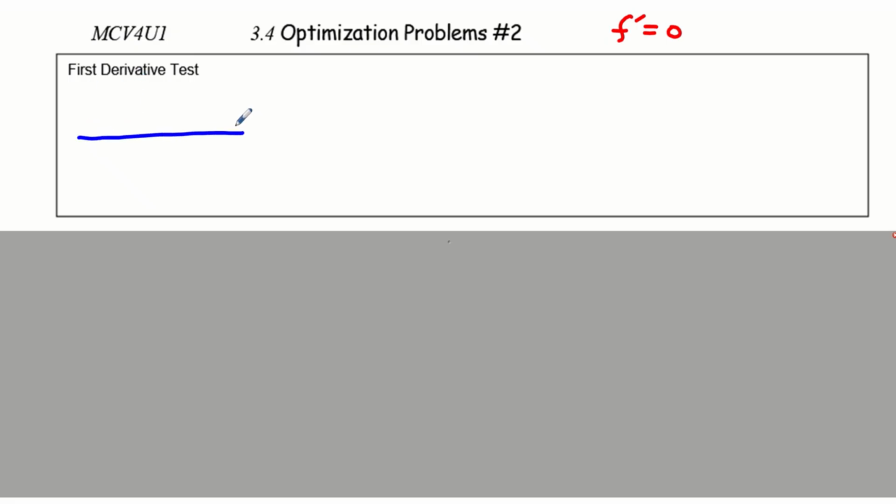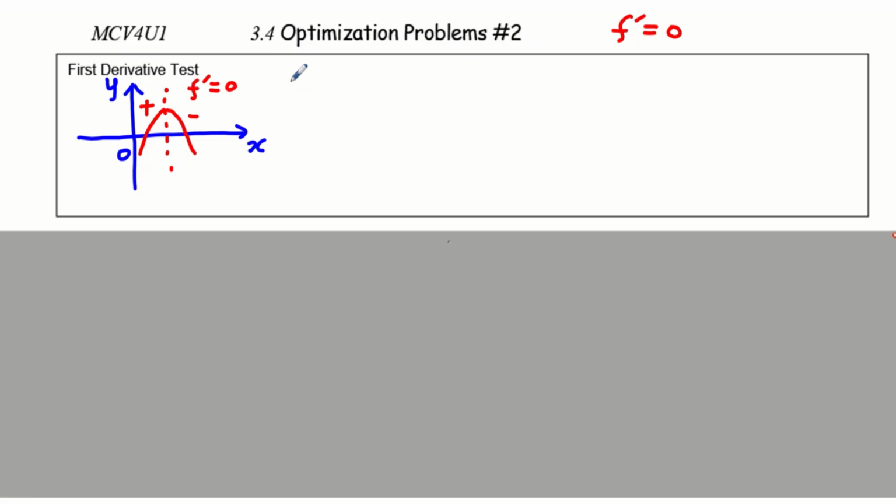What the first derivative test means: if we have the xy axis and at a certain point f prime equals 0 for the graph. On the left, the graph is increasing, so the slope is positive, f prime is positive, and on the right side of f prime equals 0 it is decreasing, so the slope is negative.